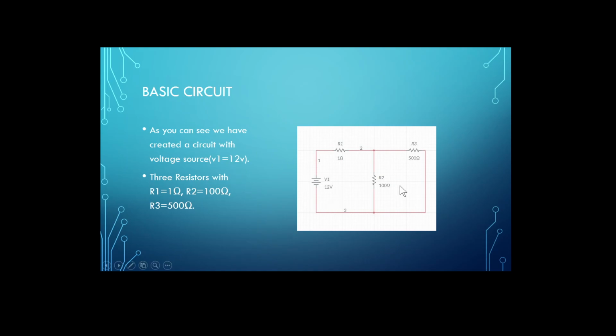This is just an example. We have three resistors. We have one voltage source for this case, and you can set how much is the voltage. So for this case it's 12 volt, and also the values of the resistance.